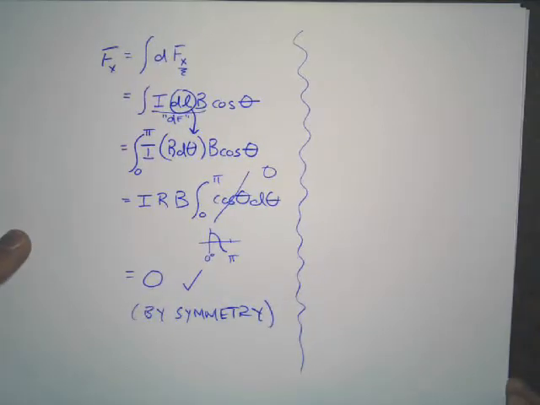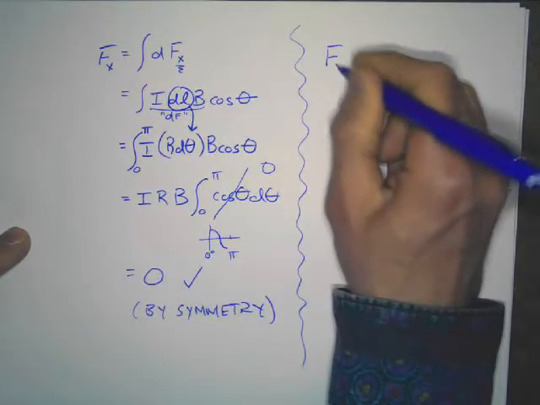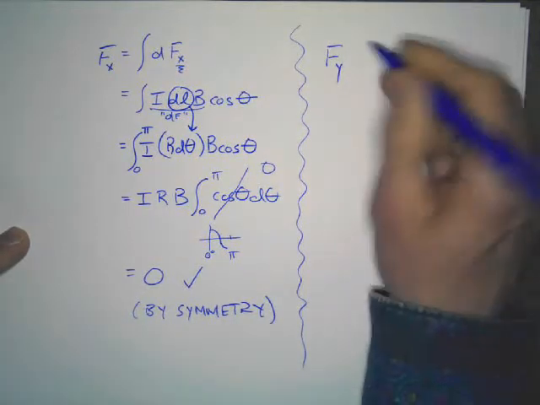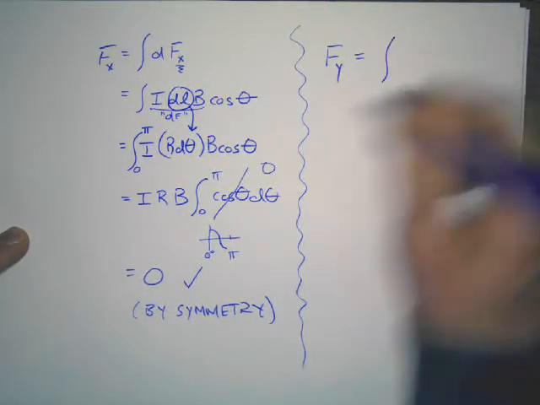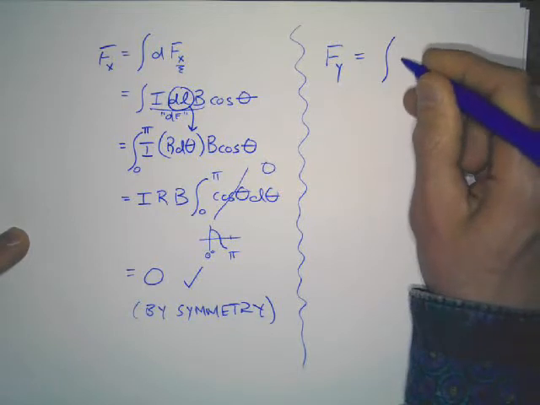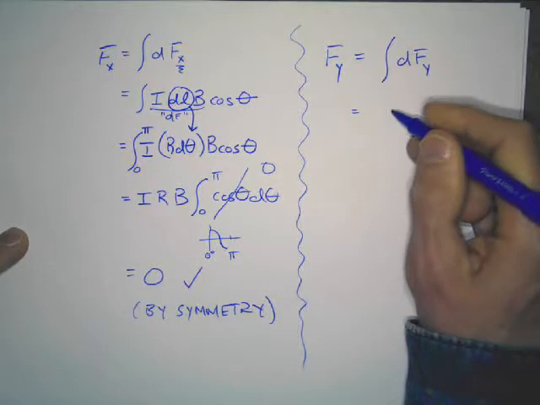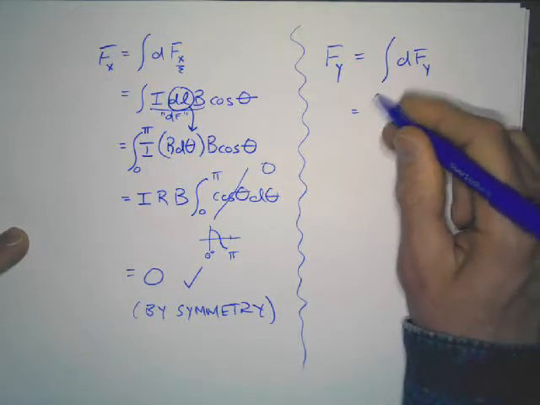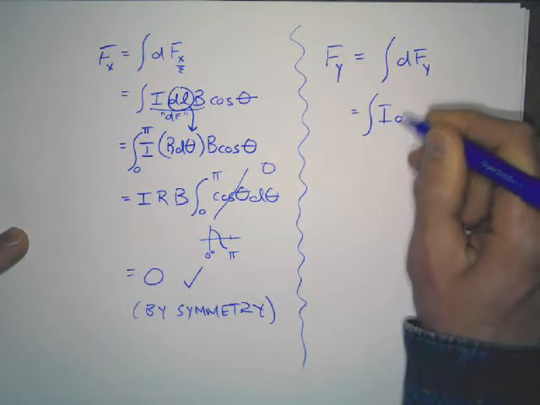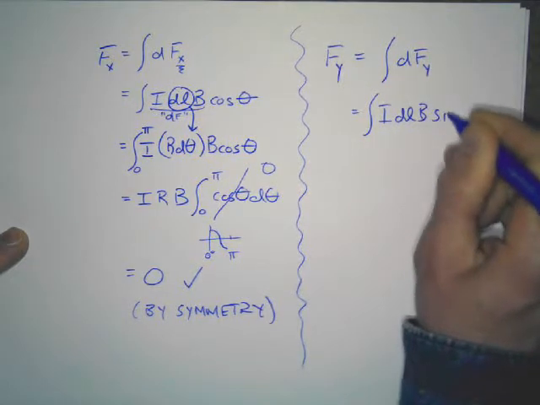Okay. All right, let's proceed in the exact same way with the y force. I'm going to talk less on this because the setup is the same. The net force in the y direction is the integral of dfy. This is given by the integral of I dl b sine theta.